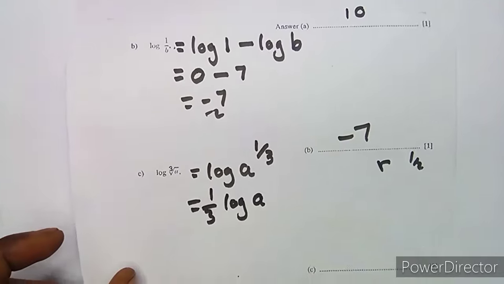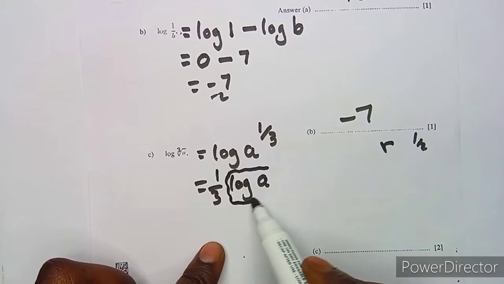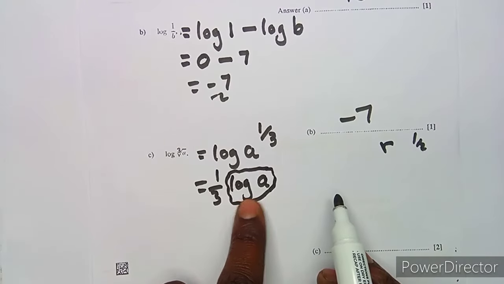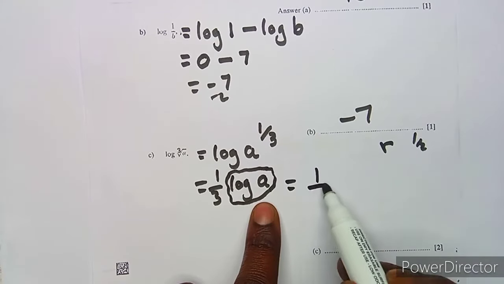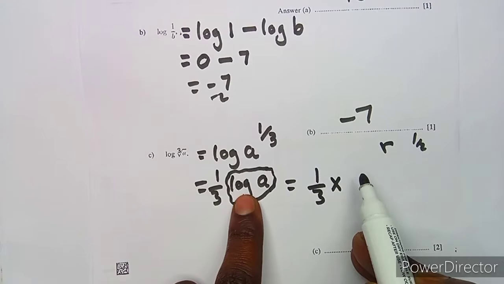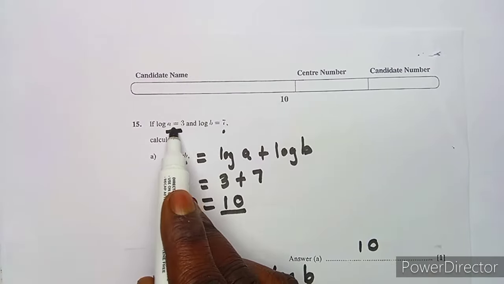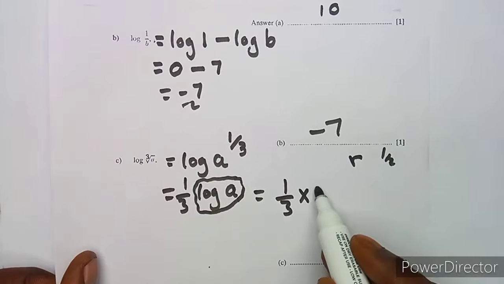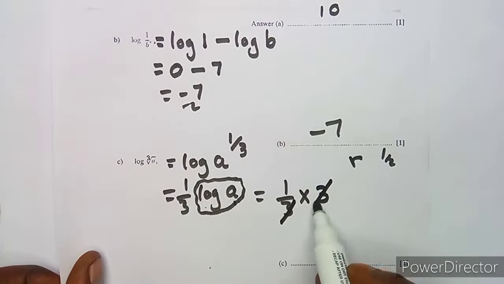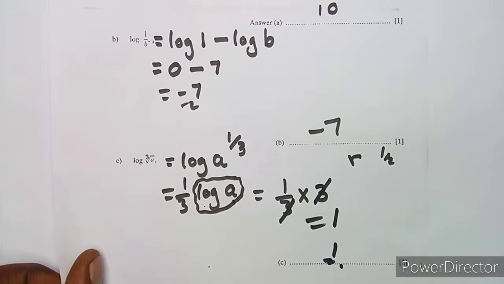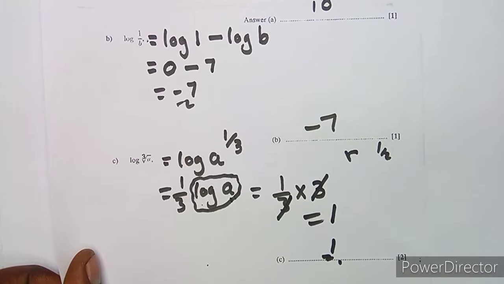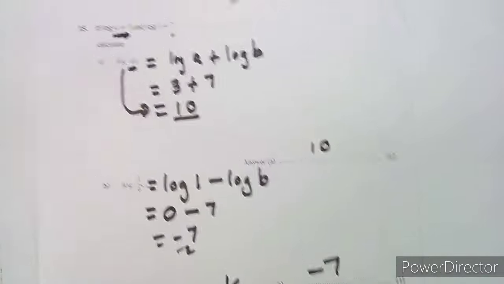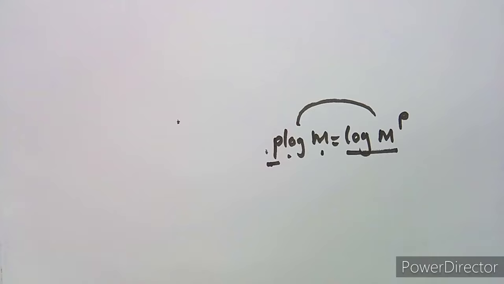We have to apply this until log a is clear enough so that we can substitute, because we are given the value of log a, which is equal to 3. So you simply substitute 3 in place of log a. This can cancel and you've got 1. So that's our answer there. There is no log in our answer, it's just a normal number. Okay, so that's how they ask these questions, guys.